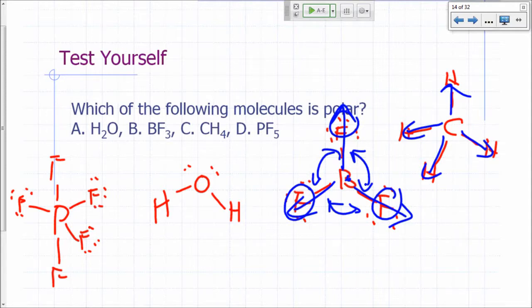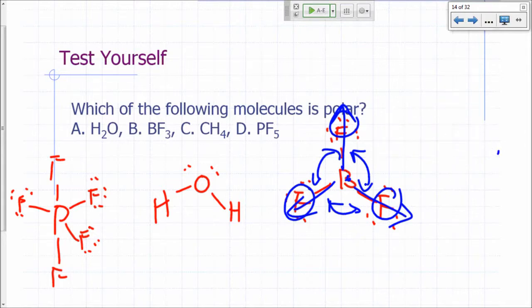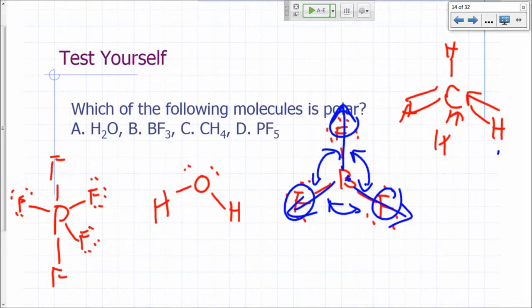I even have the wrong polarity here. It should be what? Let's redo that, CH4. In a CH bond, which way is the polarity directed? Carbon's more electronegative than hydrogen, so the polarity is towards carbon, right?